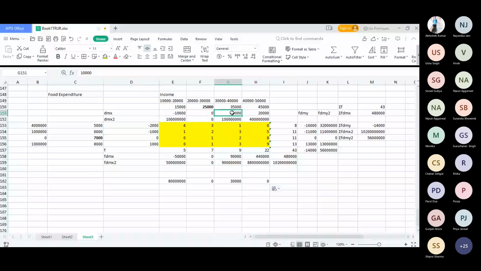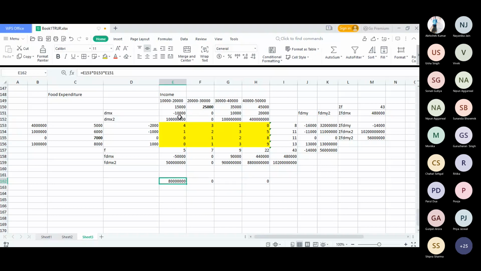So this becomes 1 into 10,000 multiplied by minus. This will be moved to the next cell, so we can calculate it manually, or we have to place the dollars. So we can make it manual.